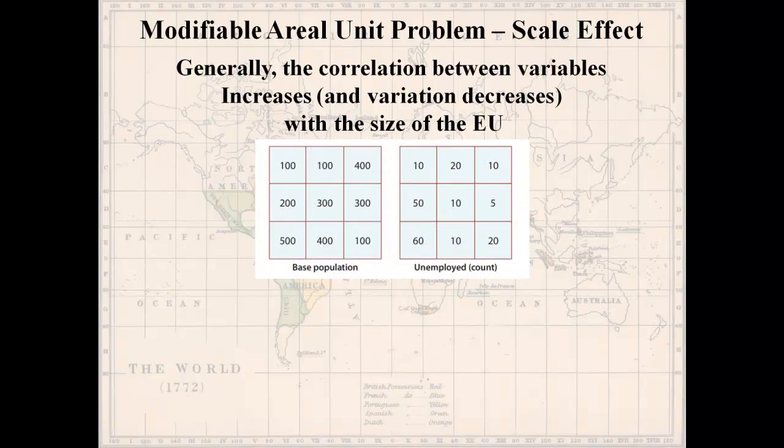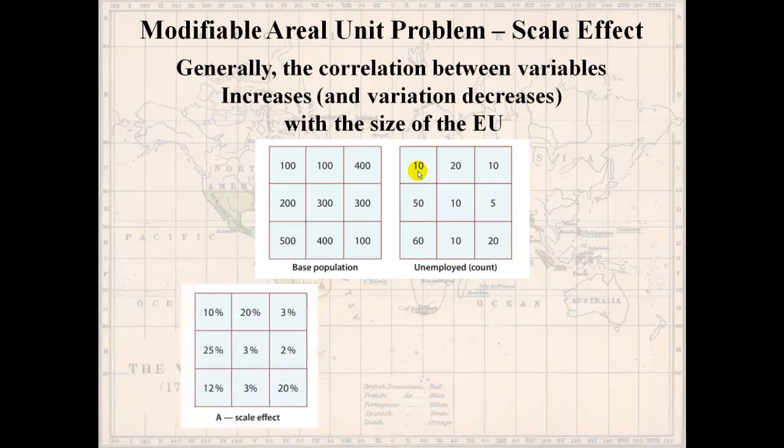Here's an example. We've got a data set that has population, and these are the units here, and we have the number of unemployed. So these were all actually points that got enumerated over the polygon. There were 100 points inside here. There were 10 unemployed points inside here. So we enumerated that, summed it up, and said that's the total for that square.